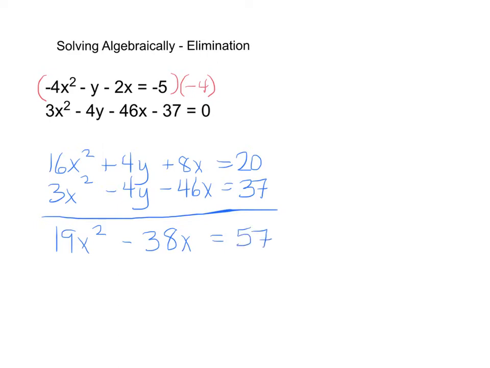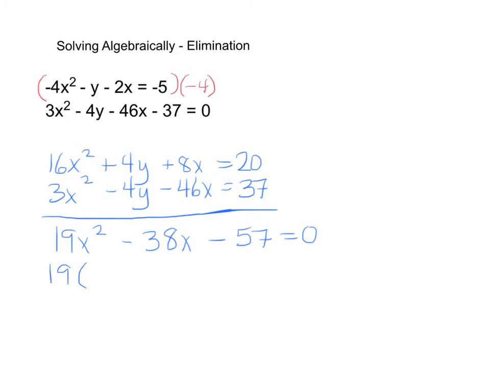equals 57. It probably would have made more sense if I moved the 20 over instead of moving the 37 over, because now I still just need to move it. But let's move that over, so we'll make it minus 57 equals 0. How do I solve that? Factor, right.